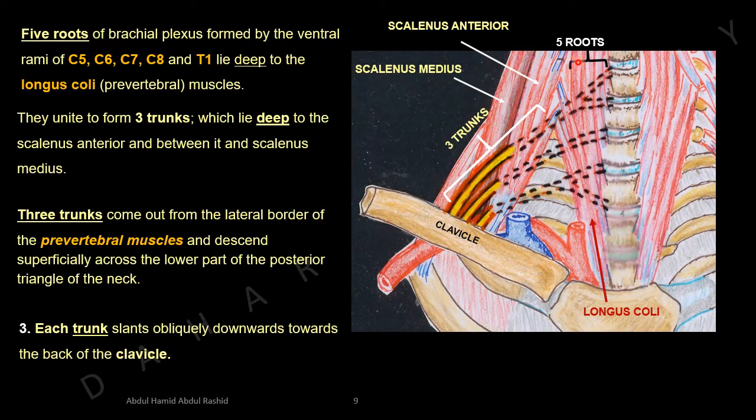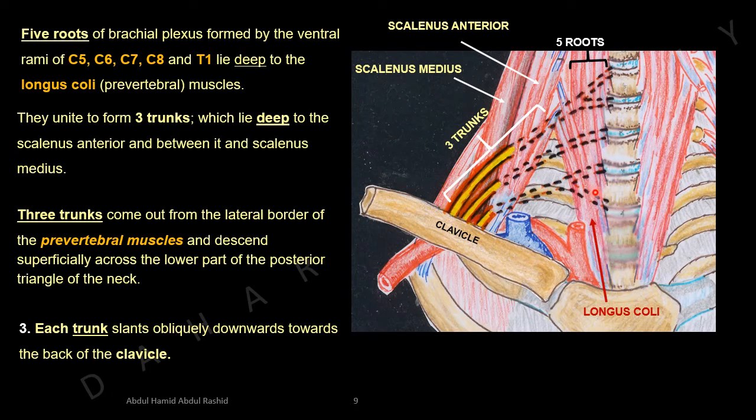We are looking at the anterior view of the prevertebral muscles. This is longus colli muscle. This is scalenus anterior muscle, and this is scalenus medius muscle. Deep to the longus colli muscle, we have 5 roots of the brachial plexus formed by ventral rami of C5, C6, C7, C8, and T1. The upper two join to form the upper trunk of the brachial plexus.